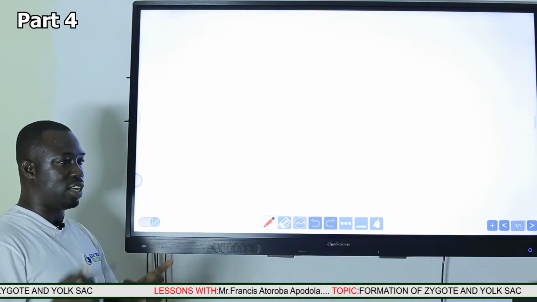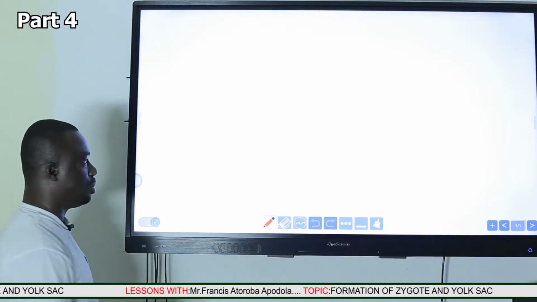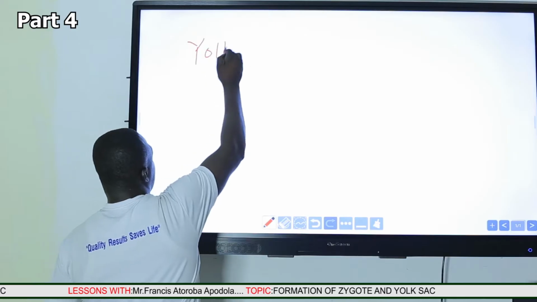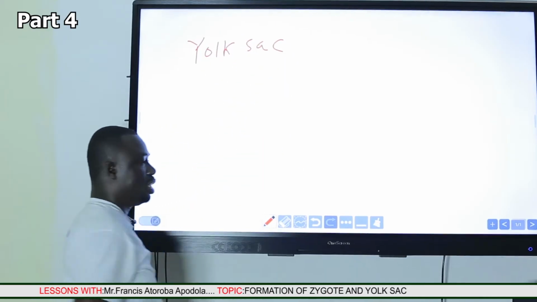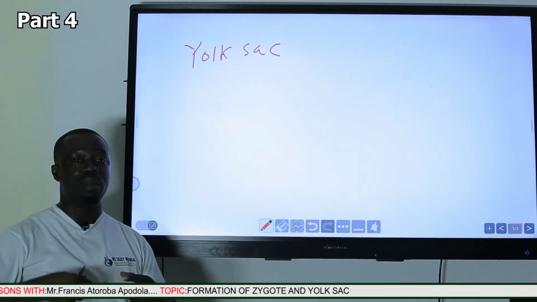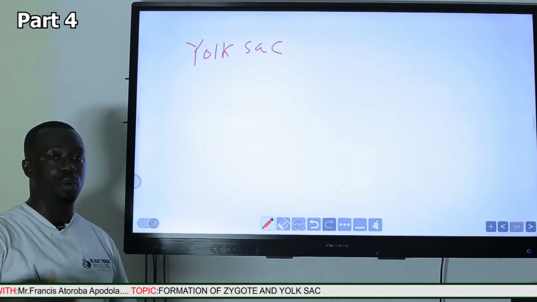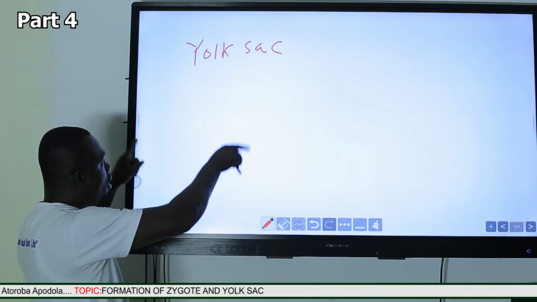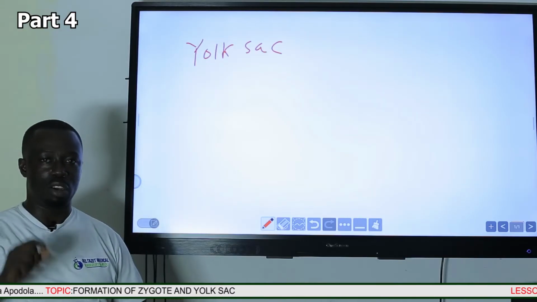And there is a structure found in the embryo known as the yolk sac. And we understood that the walls of the yolk sac are enriched with stem cells. We call them hematopoietic stem cells. So hematopoietic stem cells are around the walls of the yolk sac.